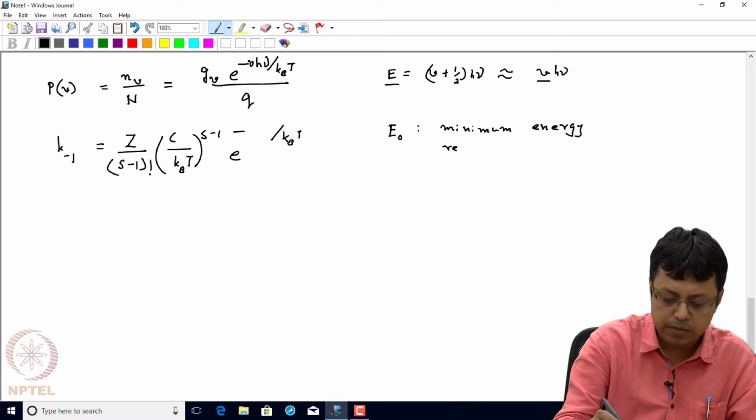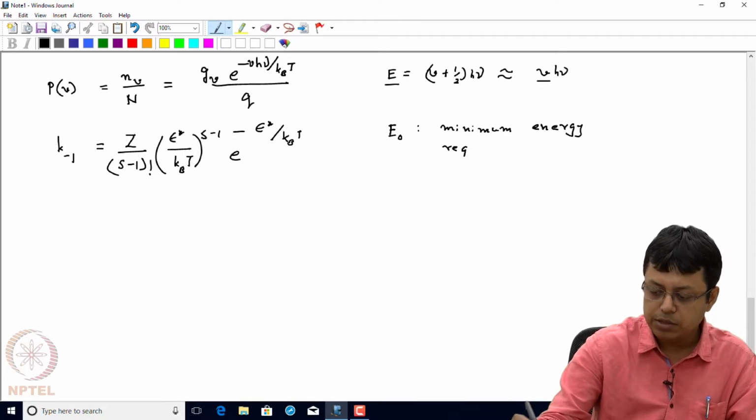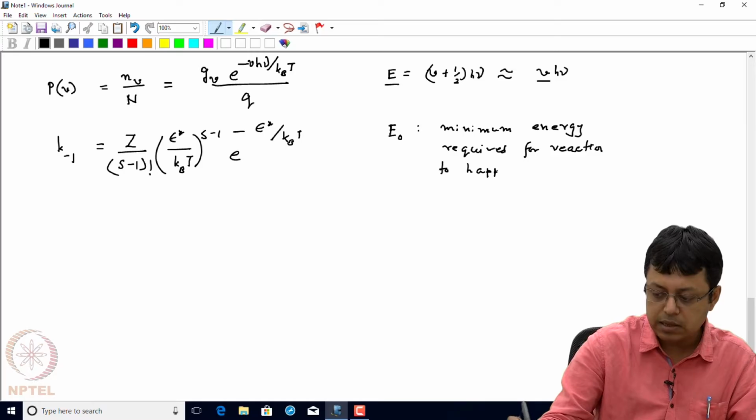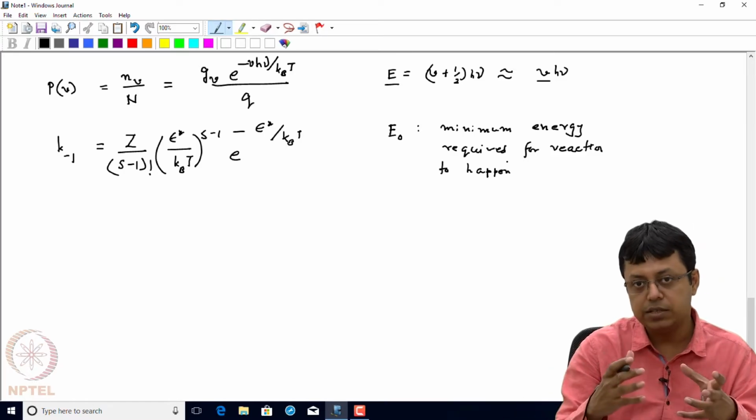So either notation is fine, epsilon star by kBT, minimum energy required for the reaction to happen. So this you will get for the de-energization path.